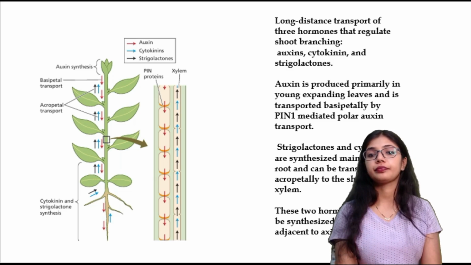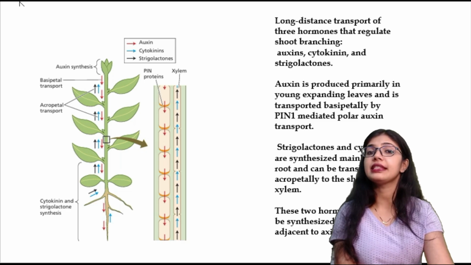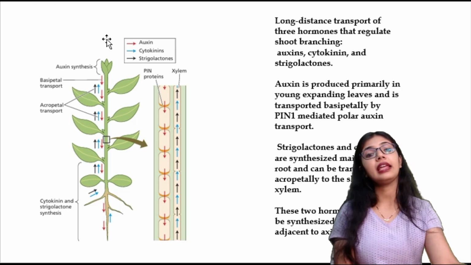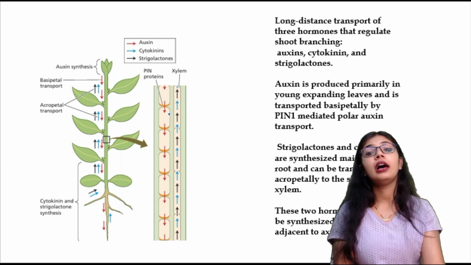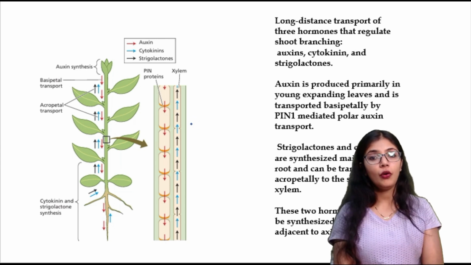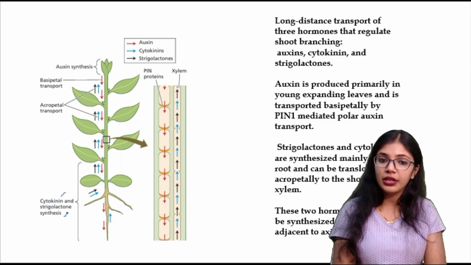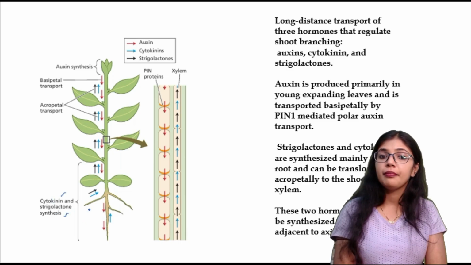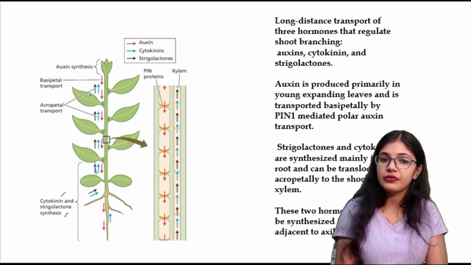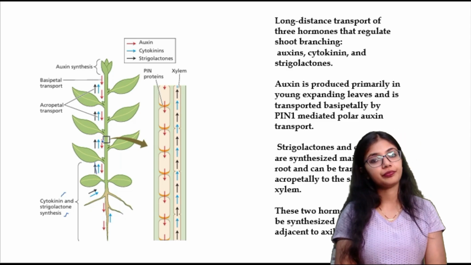But strigolactone as well as cytokinin are synthesized in the root part and are transferred towards the upper region. So here we can see that cytokinin and strigolactone are synthesized in the base region and transferred to the upper region.